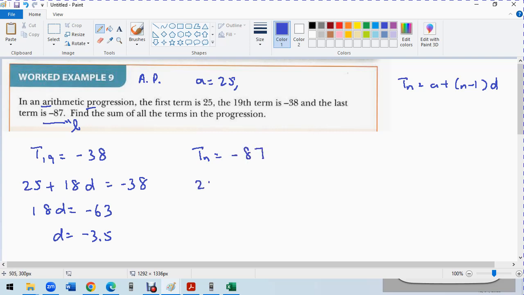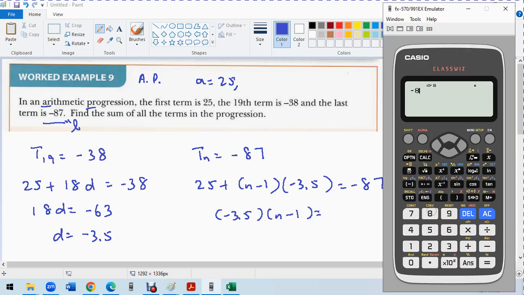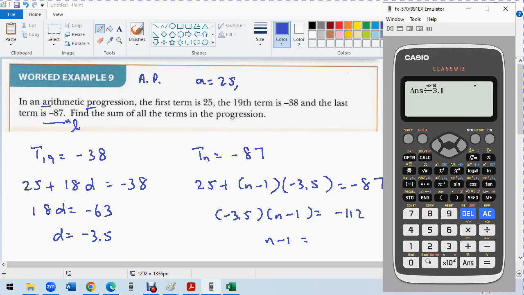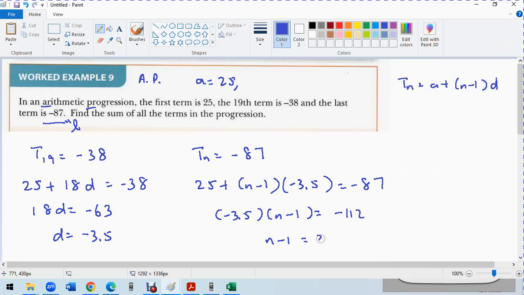So we have 25 plus n minus 1 times negative 3.5 equal to negative 87. So negative 3.5 times n minus 1 is negative 87 minus 25, which is negative 112. Then dividing by negative 3.5, we get 32. So n is equal to 33.